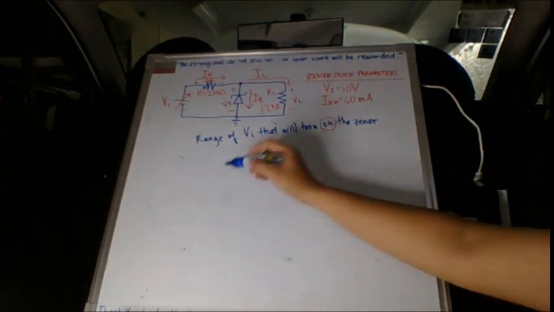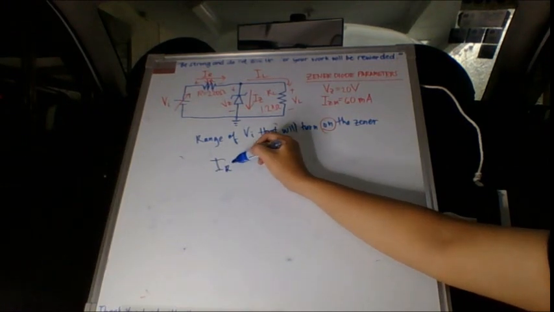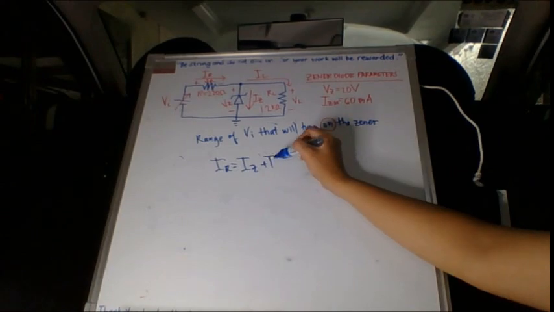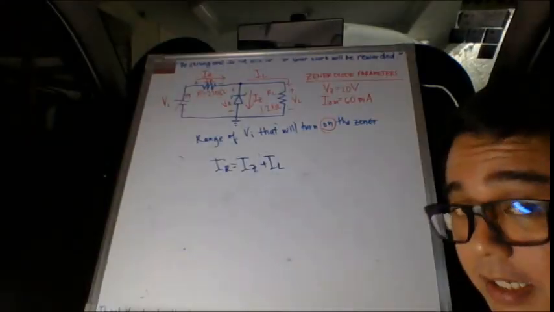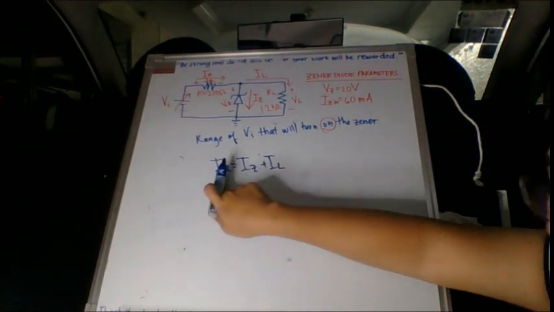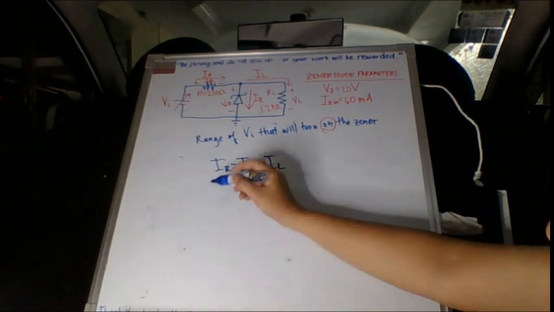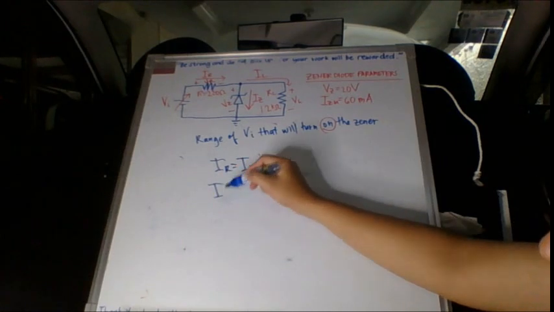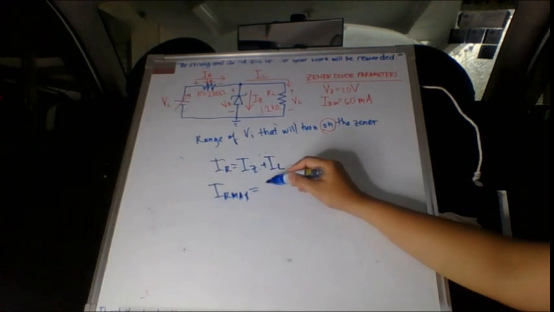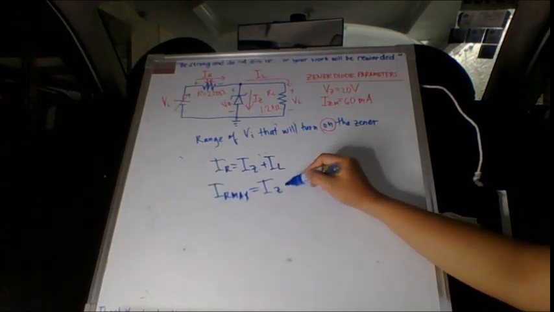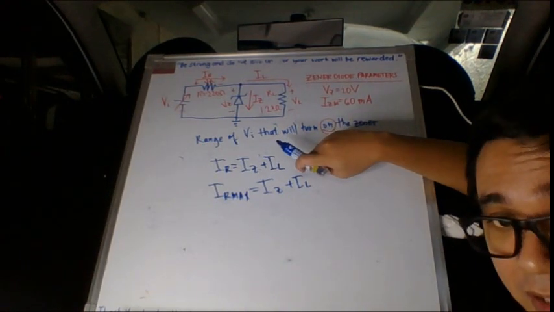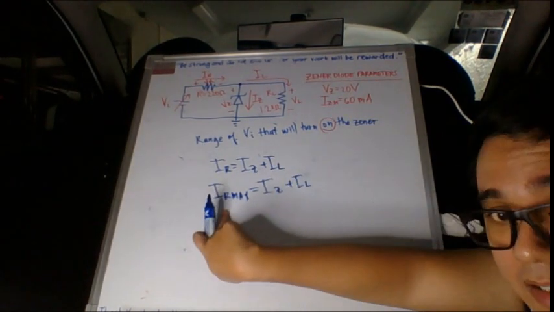We have I sub R equals I sub Z plus I sub L. Yung I sub L natin, nakuha na natin kanina yan. Ang I sub R na hinahanap natin is I sub R max. Therefore, isulat natin siya dito as I sub R max equals I sub Z plus I sub L. Alam natin yung value ng I sub L. Unknown yung IR max.